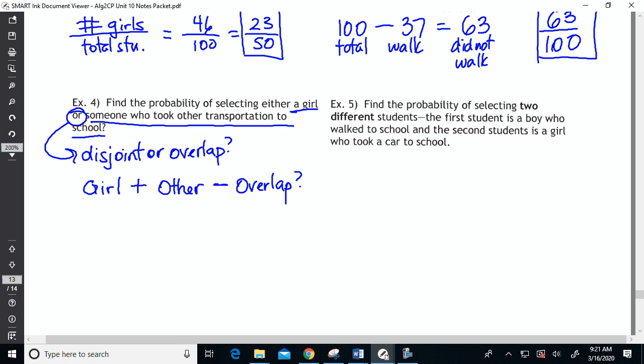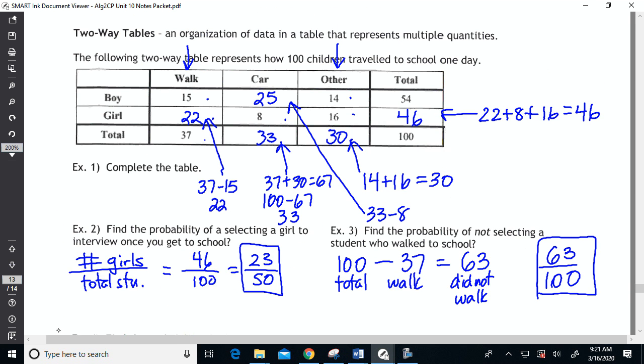As far as girls go, there were 46 girls. So that's 46 out of 100. In terms of other transportation, if you look in the table, there were 30 people who took other transportation. But now we need to find that overlap, being girls who took other transportation.